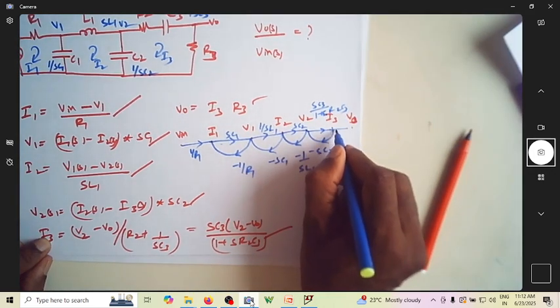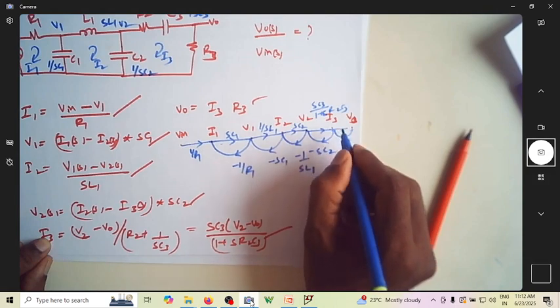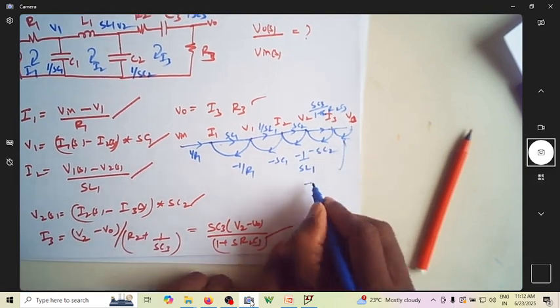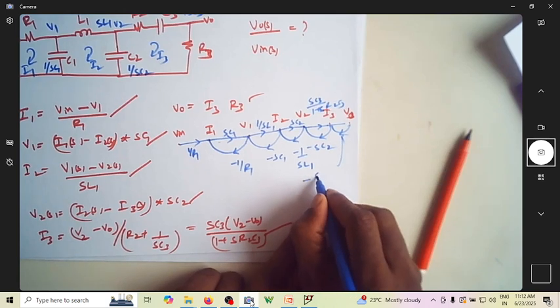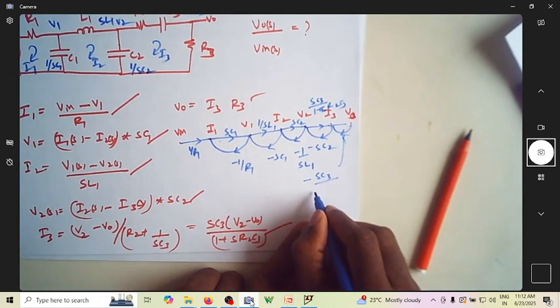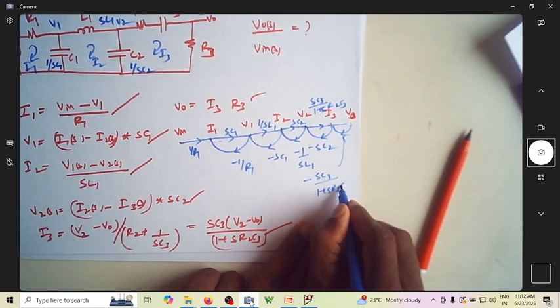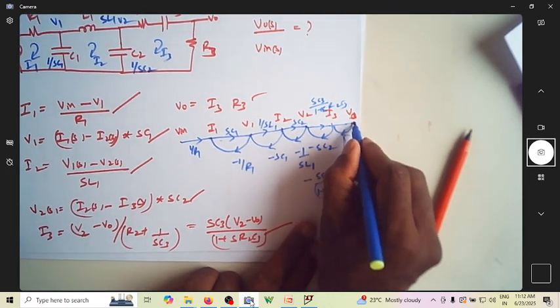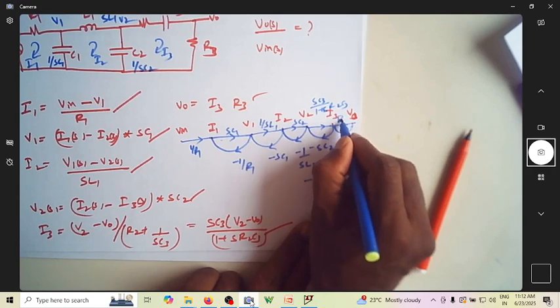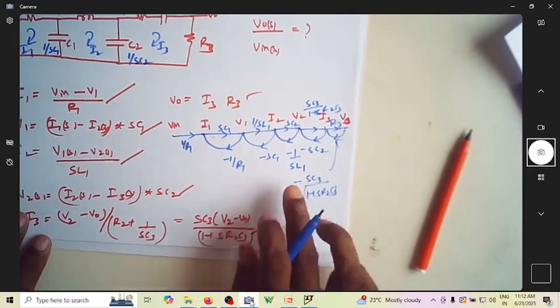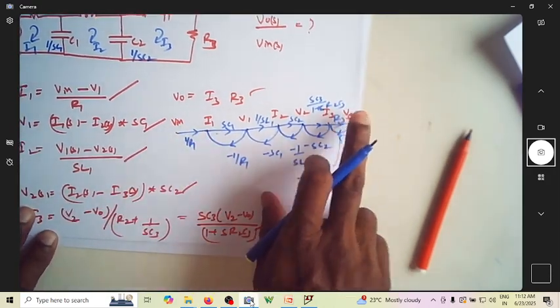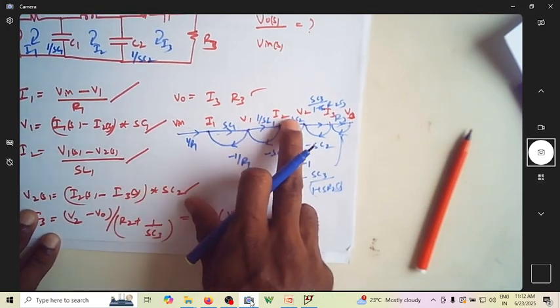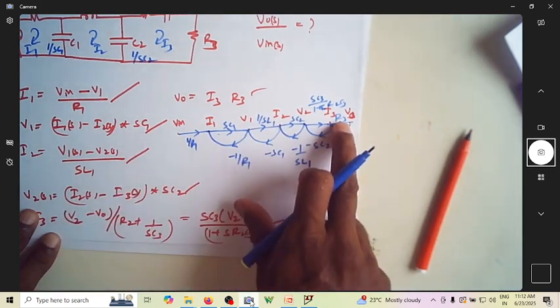And how about this? This is minus SC3 divided by 1 plus SR2 C3. Then what is this? This is actually R3. There is only one forward path. This into this into this into this will become P1.